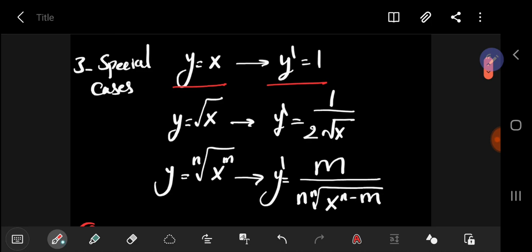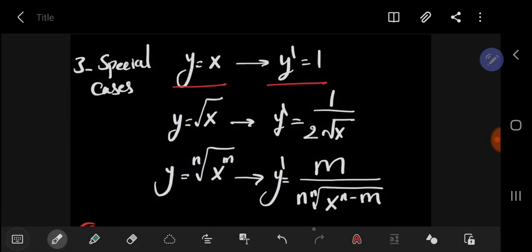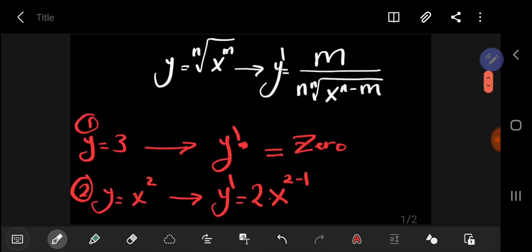The second rule is y equal to square root of x. Its derivative will be 1 over 2 multiplied by the square root of x.